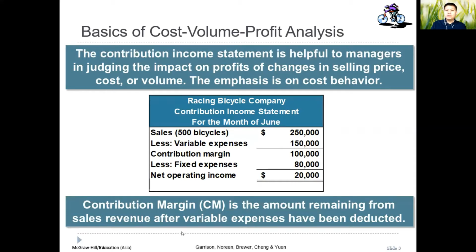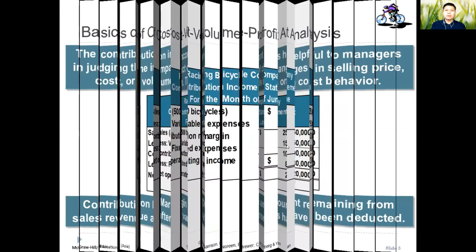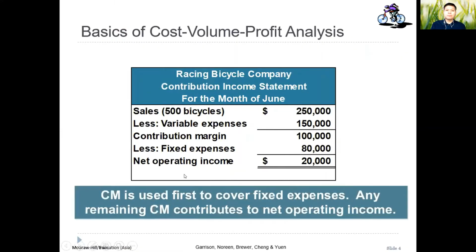What is the contribution margin? The contribution margin is the amount remaining from sales revenue after variable expenses have been deducted. Now it says here also that the CM is used first to cover the fixed expenses, and then any remaining CM contributes to net operating income.